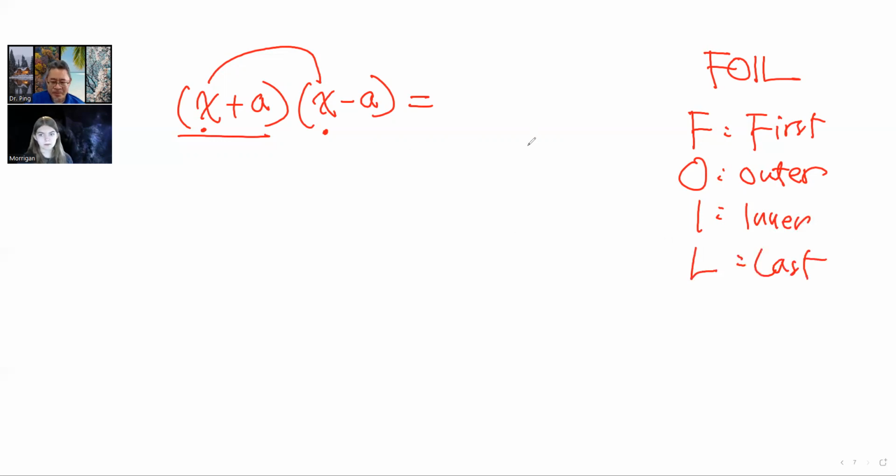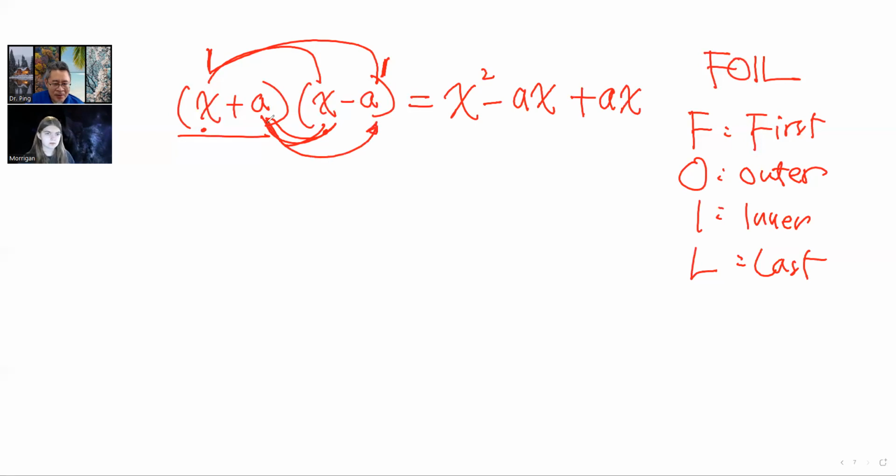Good. Okay. So x times x is x squared, then x times negative a, those are considered outer because they are on the outside, and that is negative ax. And then a times x, those are considered inner terms, plus ax. Then a times negative a is negative a squared, and that is considered the last.